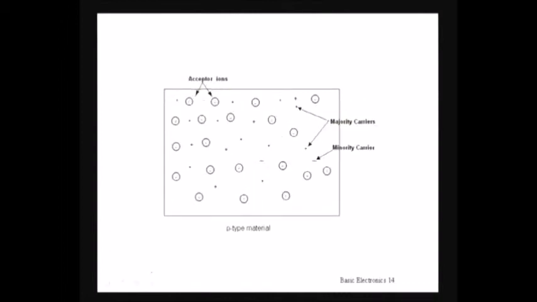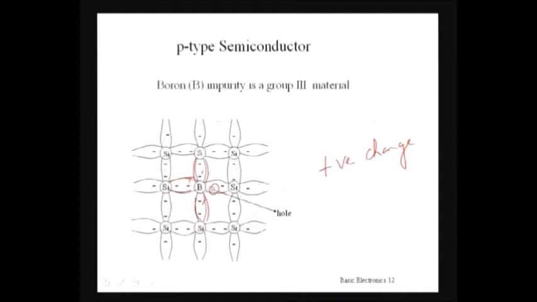Similarly, if we consider a P-type material, it has acceptor ions. We have seen that there is a hole, and as it is devoid of an electron, it will always be trying to get an electron from the neighboring atoms. So an electron from a neighboring atom will come and fill up this hole, and as a result this boron atom will be negatively charged.